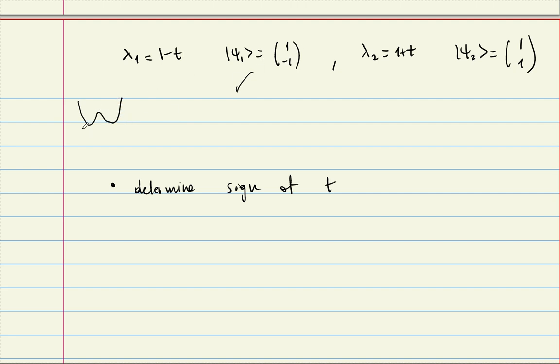So 1 here means you have this, 1 there means you have something like this, and if the sign in between is negative, you are going to have this asymmetric combination, whereas if the sign between them is 1, it's going to be symmetric. Let's put asymmetric here, and this is symmetric. Sorry, this is symmetric.